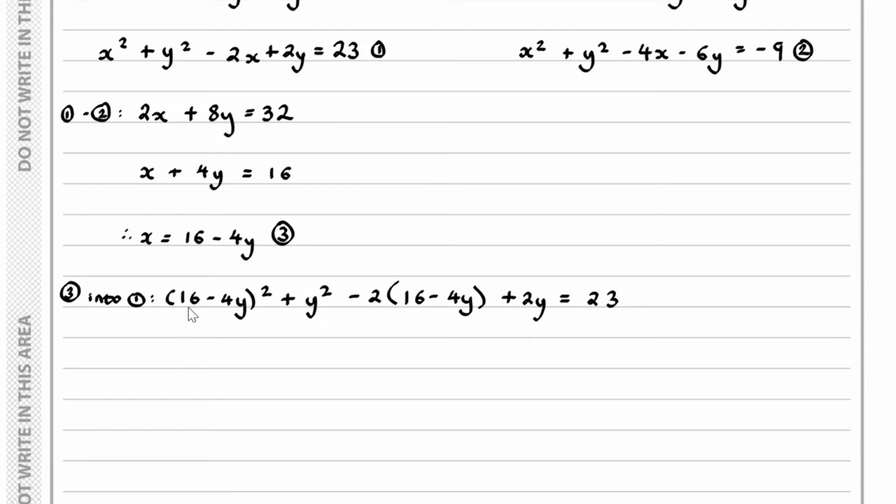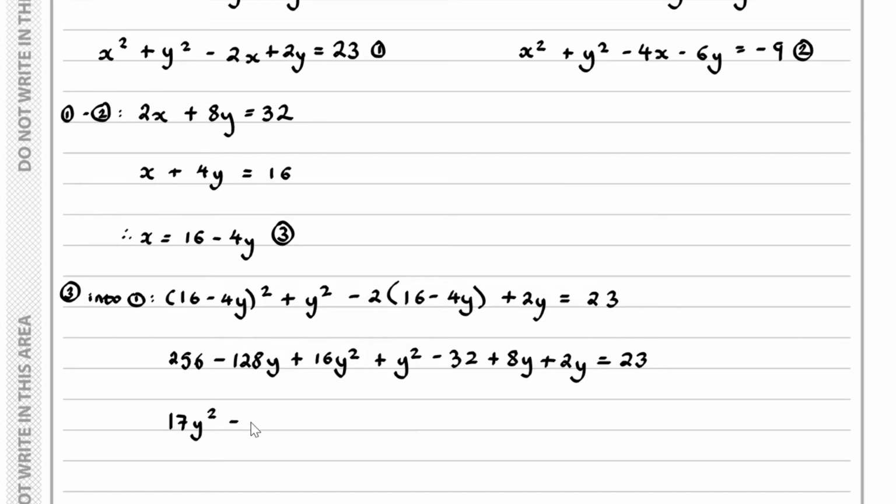And if we tidy all this up, well, 16 minus 4y all squared, that's 256 minus 128y plus 16y squared. Then here we've got the other y squared, and here we've got minus 32 plus 8y, and then here we've got the 2y. This is equal to 23. And if we tidy all of this up, we end up with 17y squared minus 118y plus 201 equals 0.